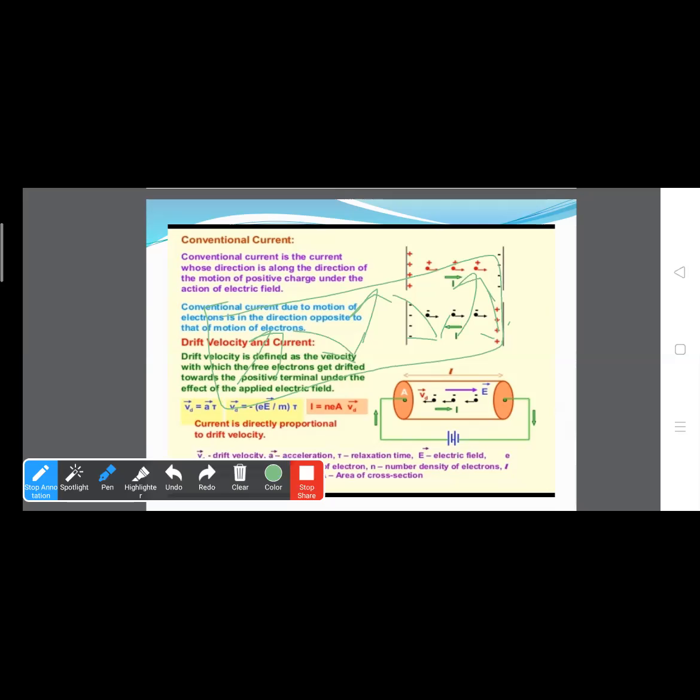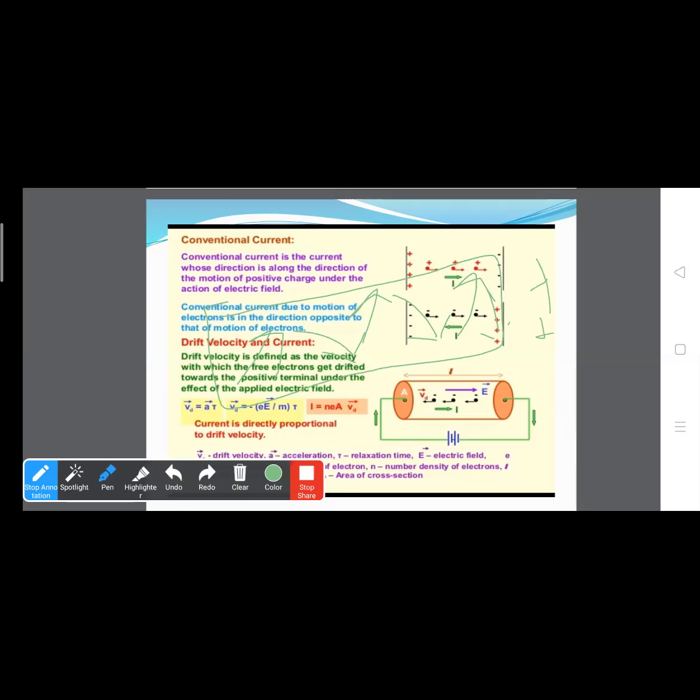As a result, the free electron drifts towards the positive end of the conductor with some average velocity, and this average velocity is called drift velocity, right?